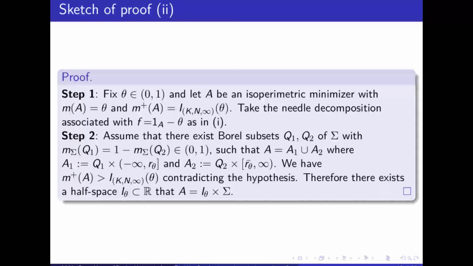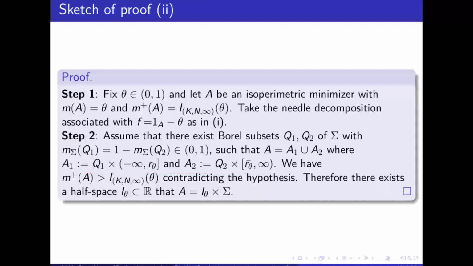And now we investigate the shape of the isoperimetric minimizers. One-dimensional analysis shows that the isoperimetric minimizers must be one-dimensional half spaces. We assume that when we foliate the minimizer into needles, the foliated part has two inverse directions, and both have the measures Q1 and Q2.